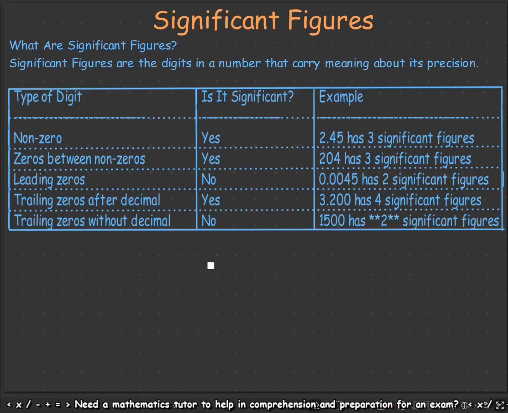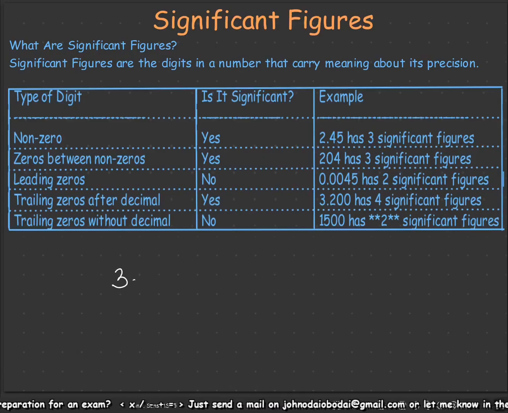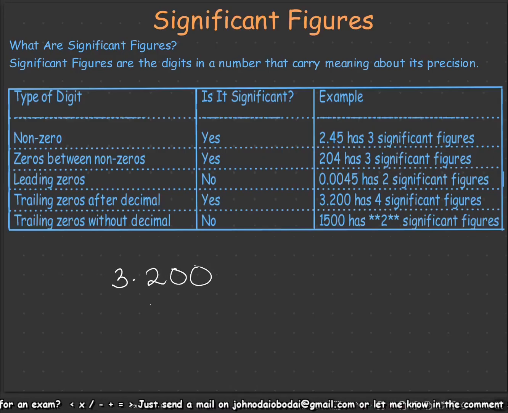Then we come to trailing zeros after decimal. When we talk of trailing zeros, those are the zeros that end numbers. So if you take the number 3.200, these here are trailing zeros. They trail.